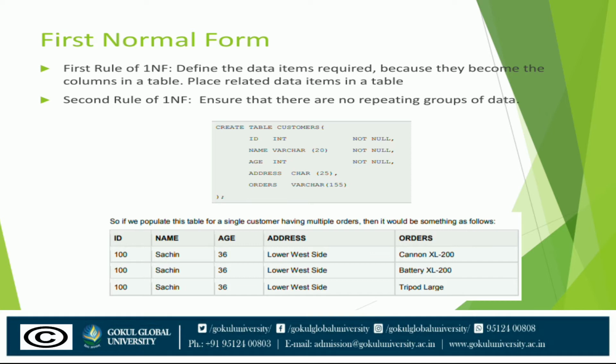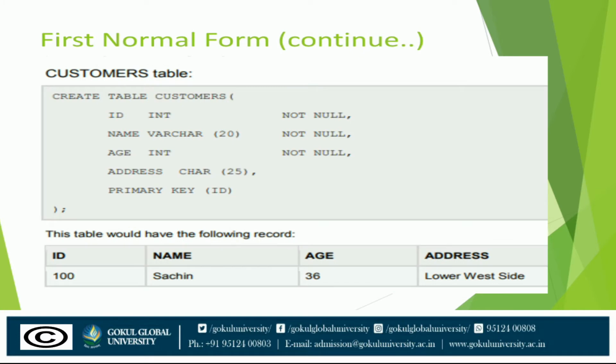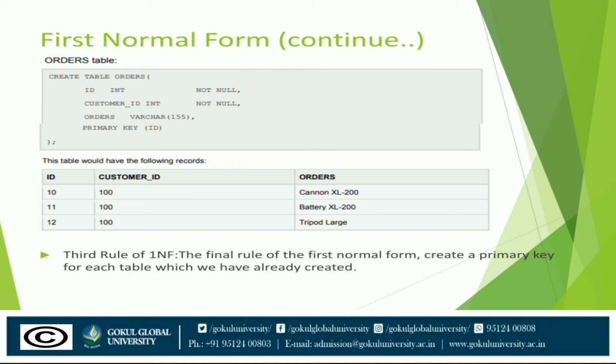That lacks the second rule of first normal form. Here we divide our table into two tables to remove the repetitive groups. First we create the customer table and the values are as declared here, and the second is the order table.